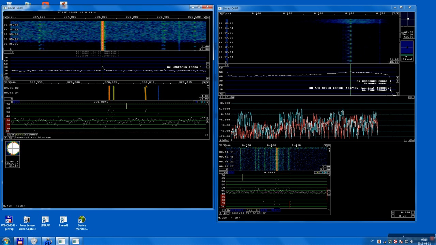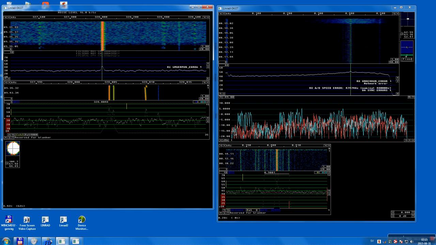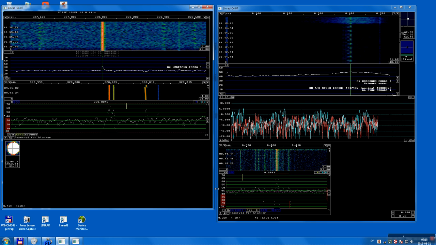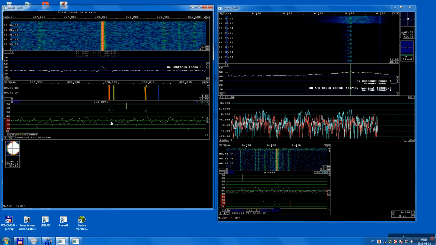And now it's obvious that the signal to noise ratio has degraded in the loudspeaker. It's no problem to find this signal.